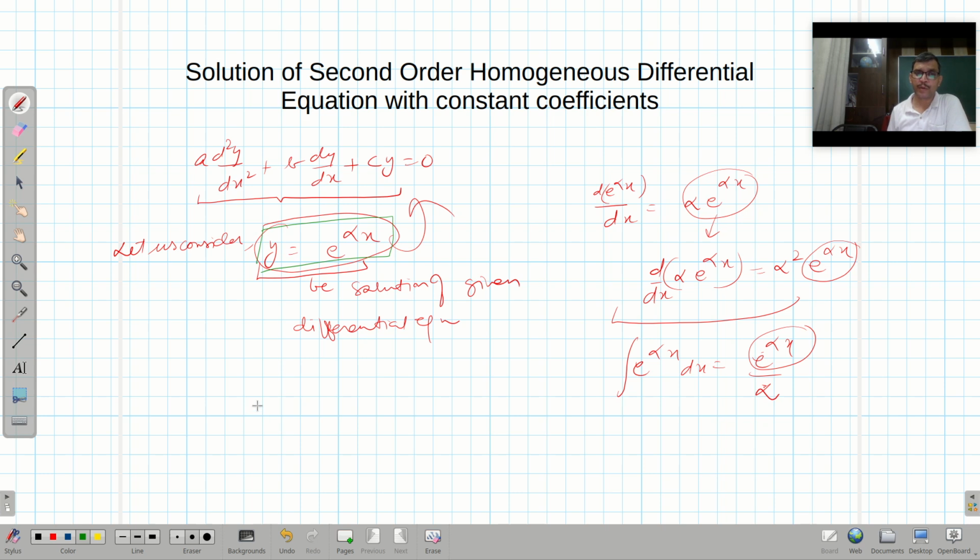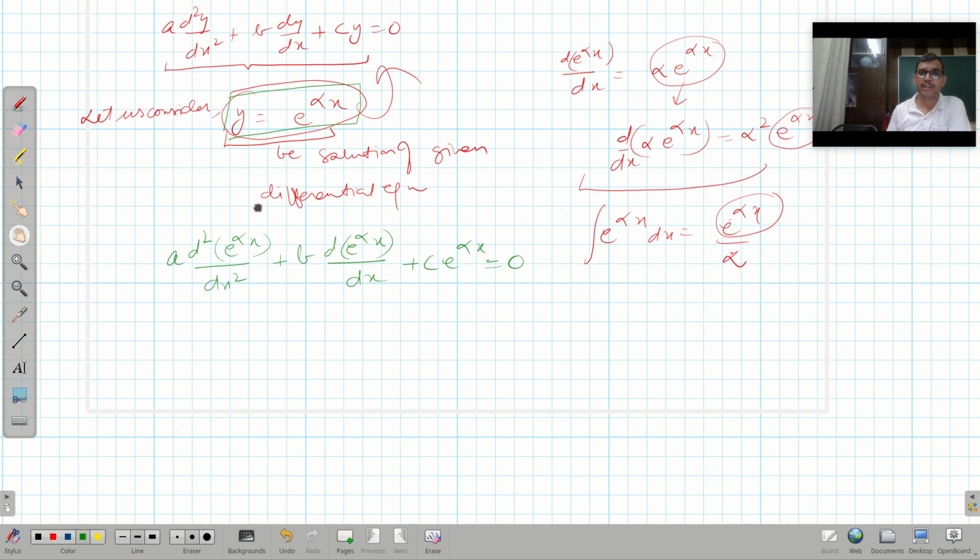So I just put this value here: a d square e raised to power alpha x over dx square plus b d e raised to power alpha x over dx plus c e raised to power alpha x is equal to 0. Let us do a little more algebra.